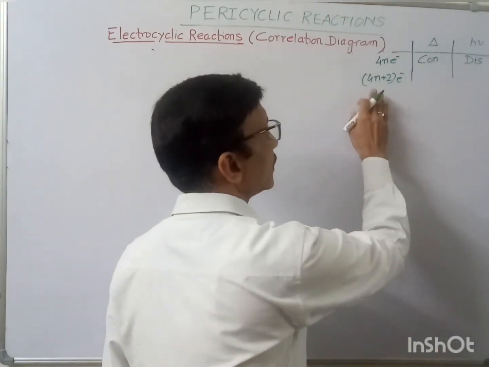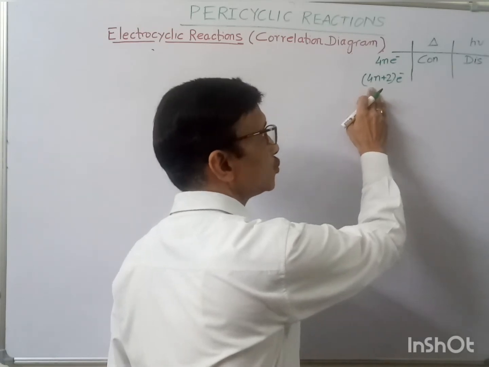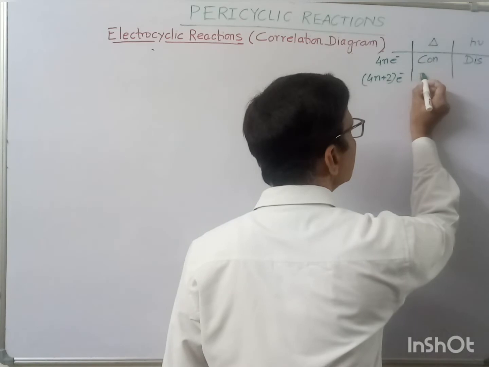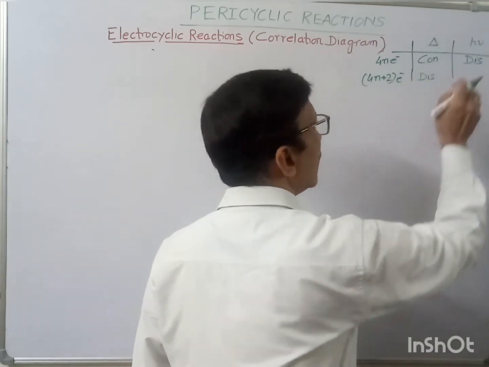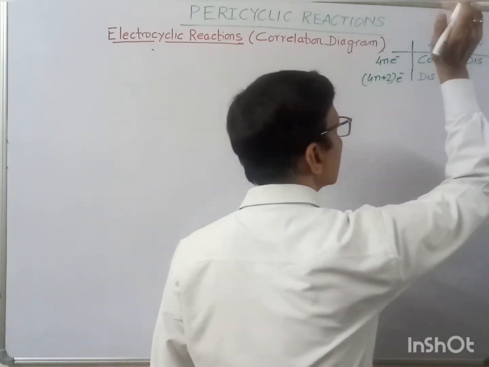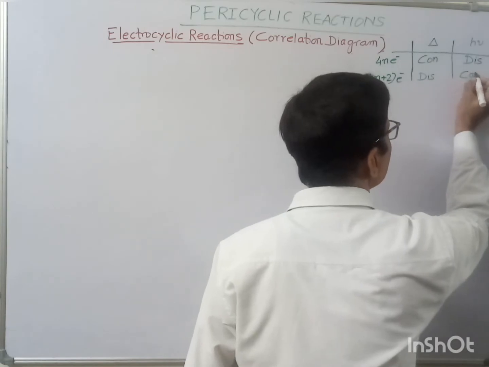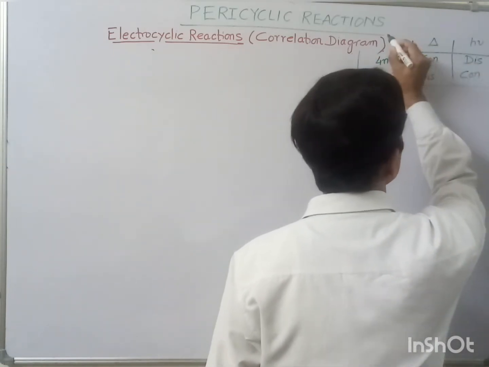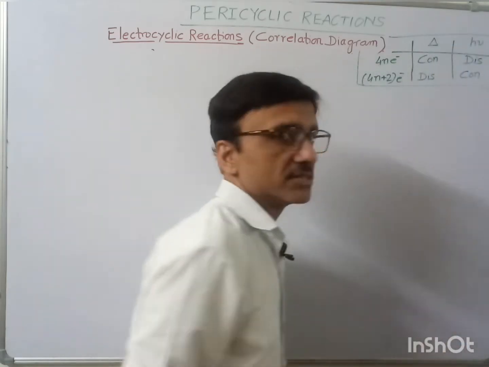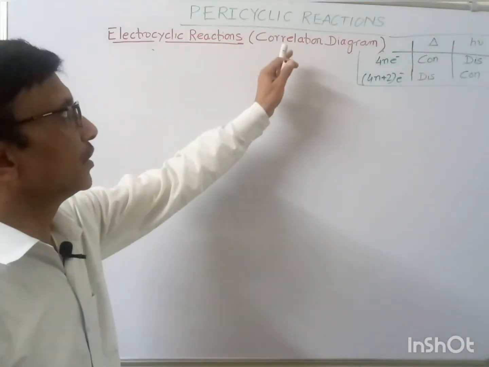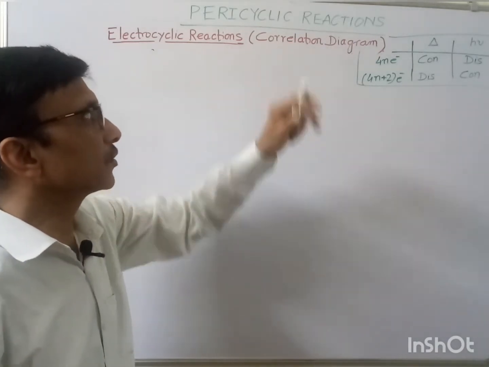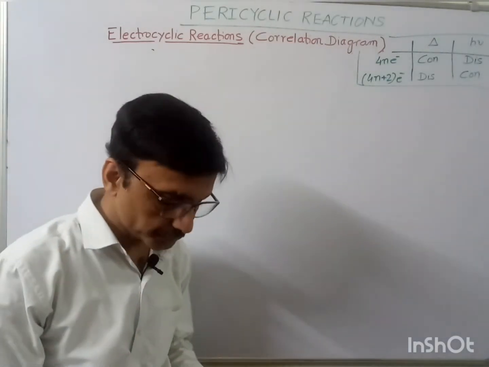In the same way, 4n plus 2 electron systems under thermal condition show disrotatory motion of the orbitals, and under photochemical condition, they show conrotatory motion of the orbitals. This is the selection rule that we are analyzing with the help of the orbital symmetry correlation method, that is, by drawing the correlation diagram.